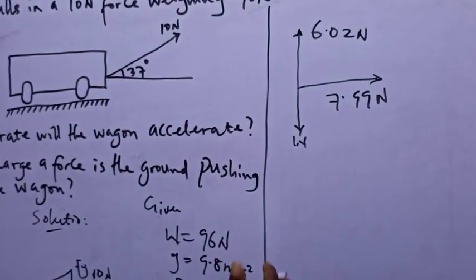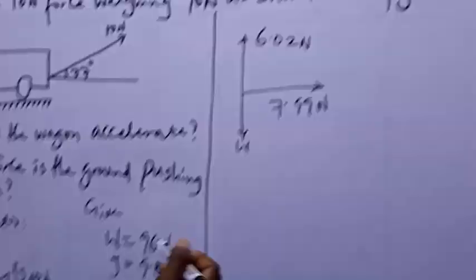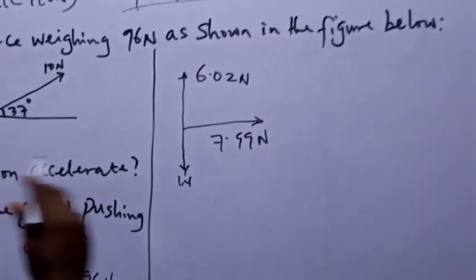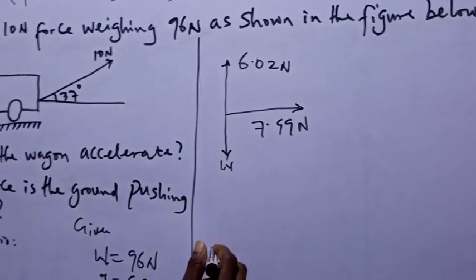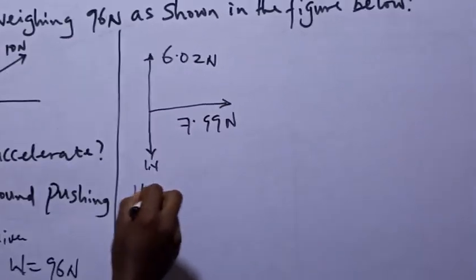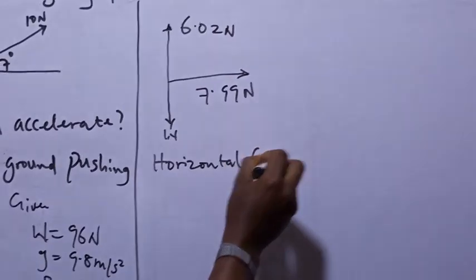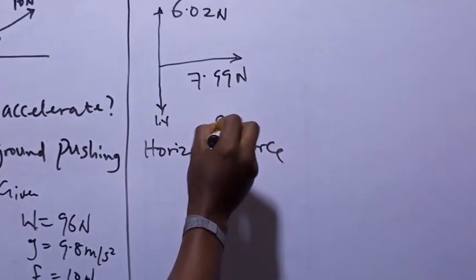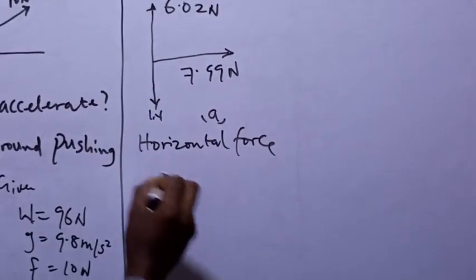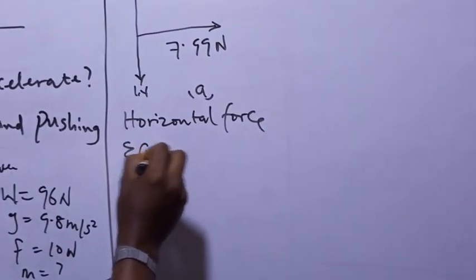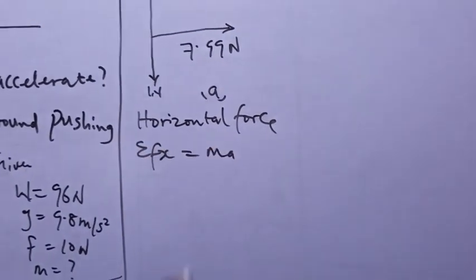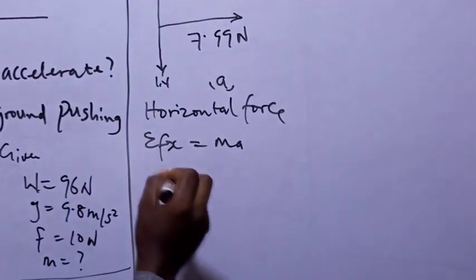Now let's do the calculation of the forces acting. For horizontal force, let's say this is A on the question. Horizontal force, we have the summation Fx is equal to mass times acceleration.